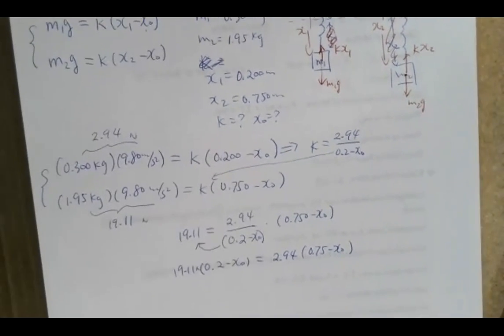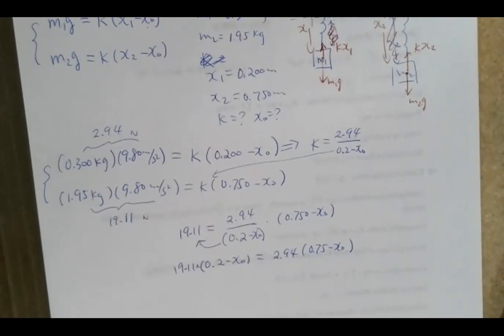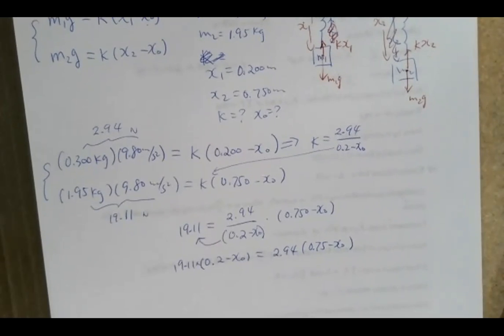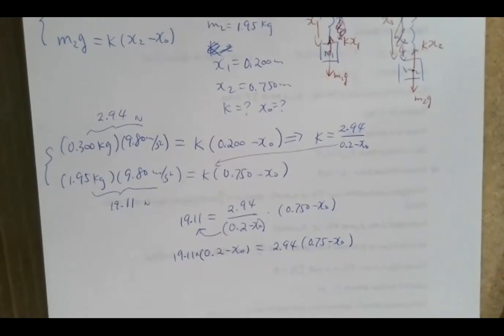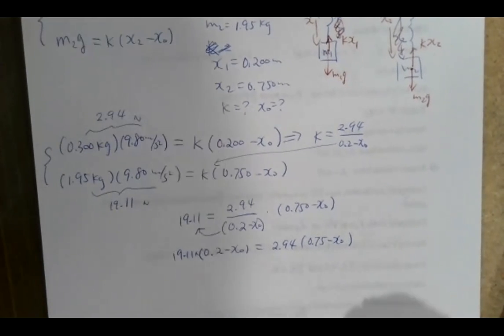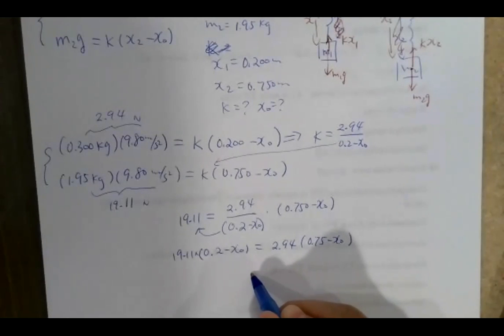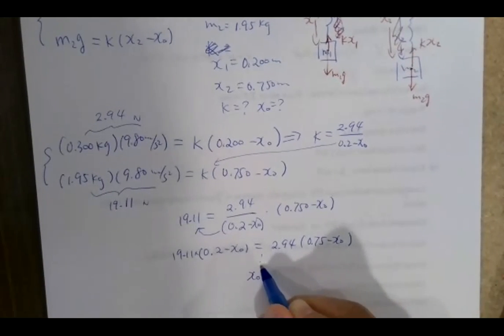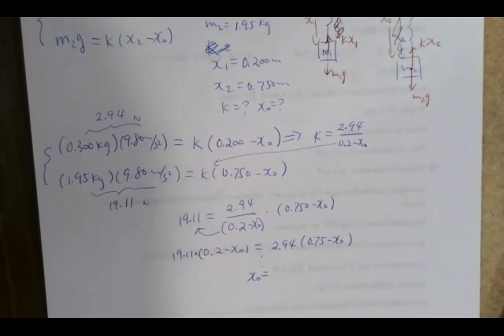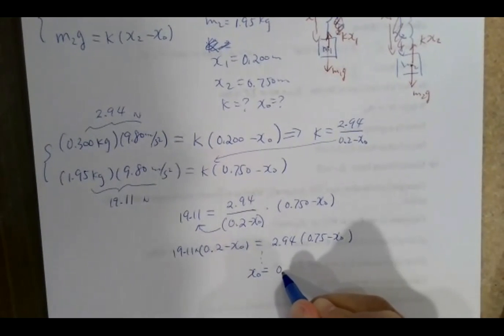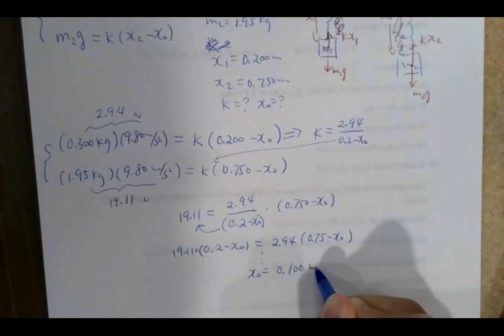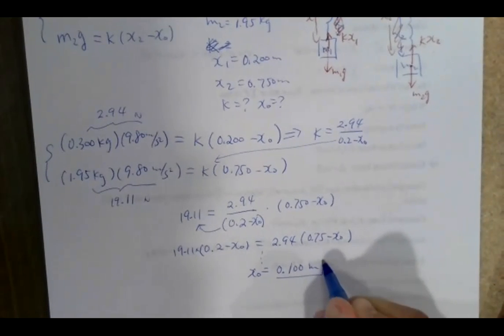Then you can solve for x naught. It should be just a couple steps of algebra here. I'm going to just tell you what x naught is. This gives you x naught equal to 0.1 meters.